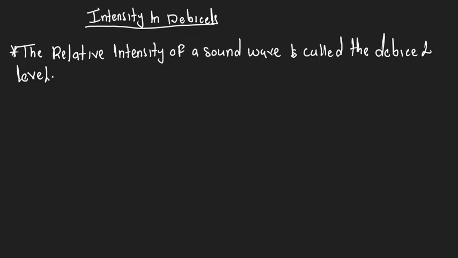Now, which formula do we use if we want to calculate intensity? Remember it's supposed to be in decibels. These are the units. So the formula which we use is B, because this is the decibel level, is going to equal 10 log of intensity over initial intensity.